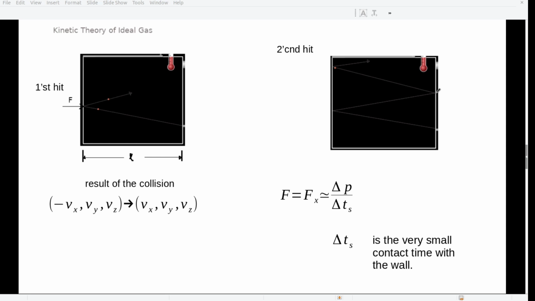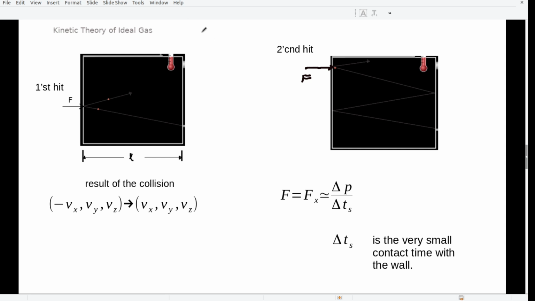It travels across the chamber again, hits the wall there, force turns it around. Then it comes back and arrives again at the left wall, the wall we're considering here, where the wall exerts a force F on the particle again and turns it around. This force F is the same as this force F, of course, to turn the particle around.